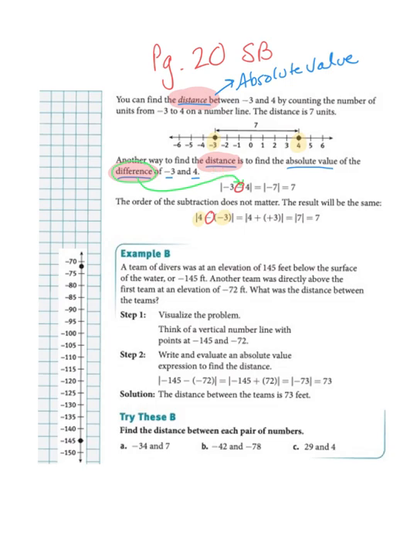So before we move on, kiddos, I want you to go down to the bottom here. It's the try these B, and we're going to do a couple of these together. So the first one is negative 34 and 7, and we want to find the distance between. So we're going to use an absolute value expression.